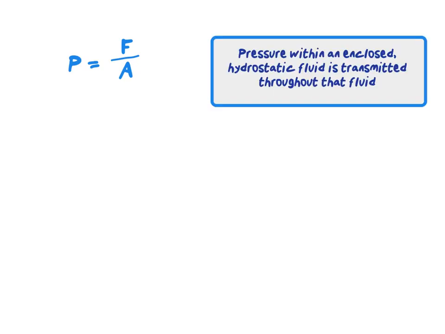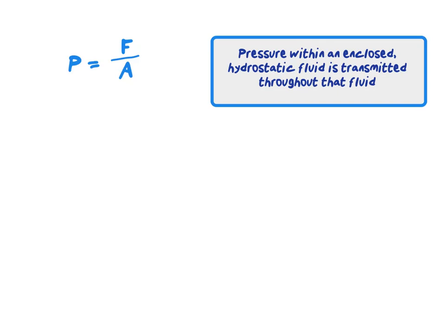So far, from parts 1 and 2, we have already established that pressure is defined as the amount of force per unit of area. We've also shown that the pressure within an enclosed fluid is transmitted undiminished throughout that fluid.